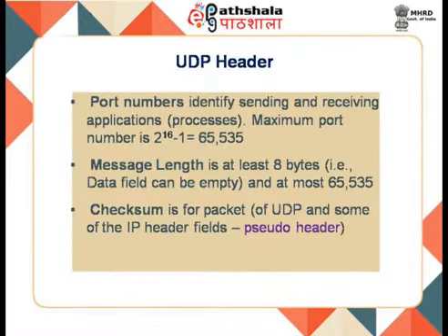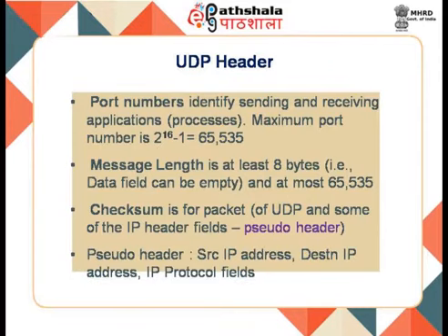The checksum that we have is calculated for the UDP packet and also some of the IP header fields, which is called the pseudo header. The pseudo header consists of the source IP address and destination IP address plus the IP protocol field. The source IP address and destination IP address are part of the IP header, and are used to identify that the end-to-end connection is intact.